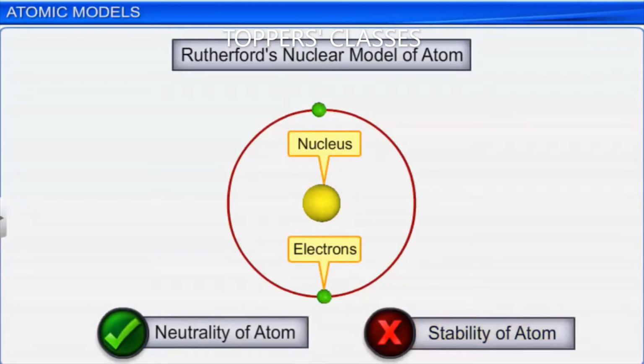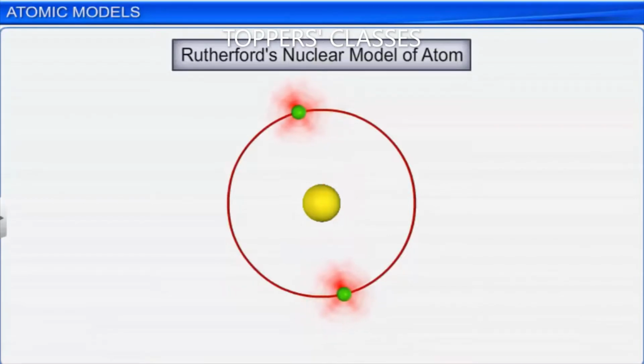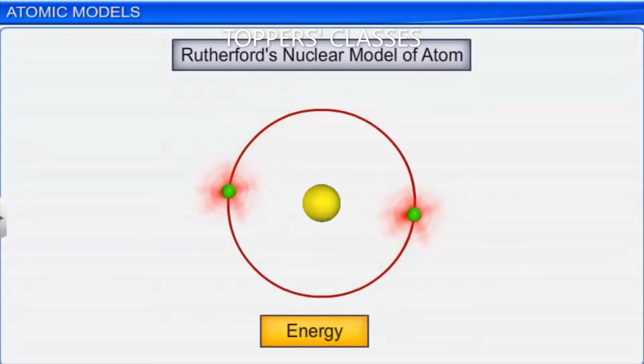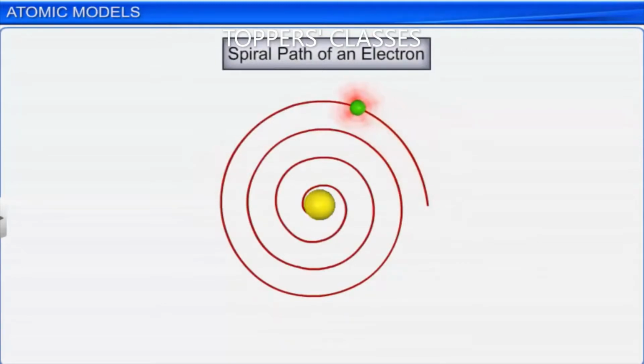According to Maxwell's theory of electromagnetic radiation, a charged particle in circular motion emits energy continuously. Hence, an electron revolving round the nucleus also loses energy. As a consequence of this, the electron follows the spiral path towards the nucleus, and this ultimately results in collapse of an atom.